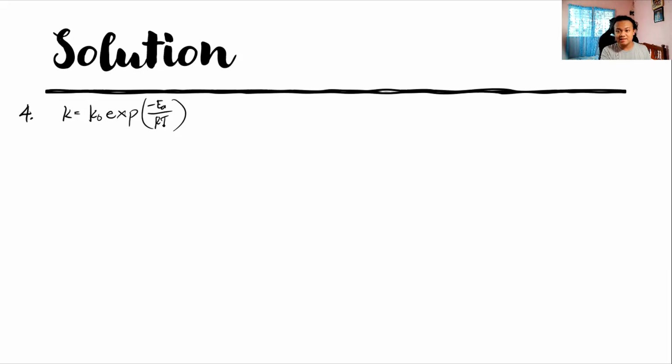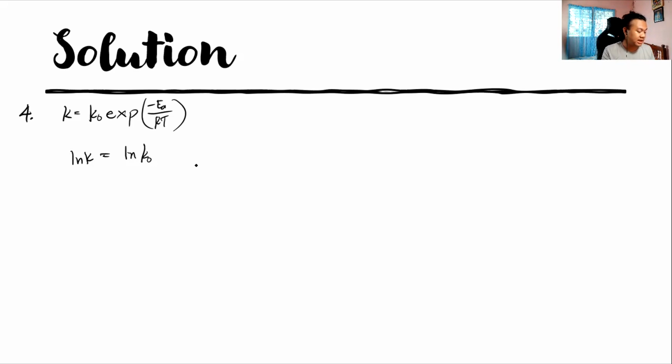Let's isolate these variables and solve for EA in terms of T. So let's take the logarithm of both sides: ln k, and ln k also here. k0 is the pre-exponential factor.